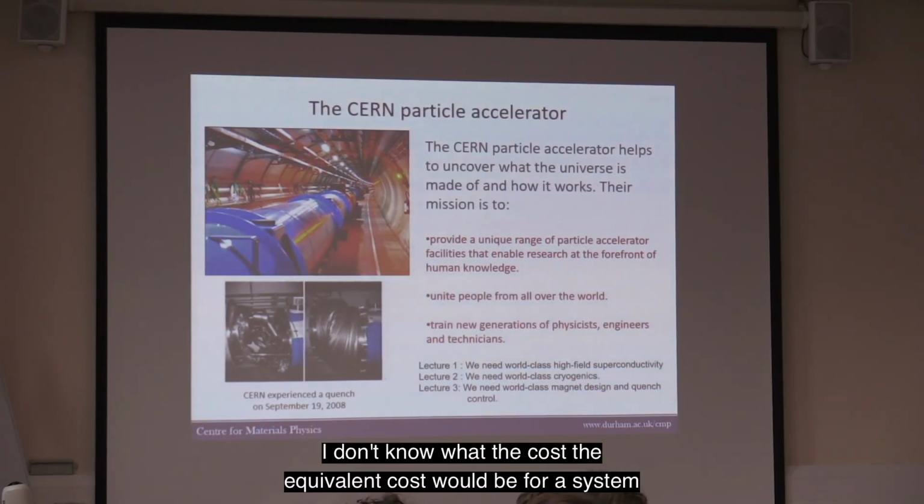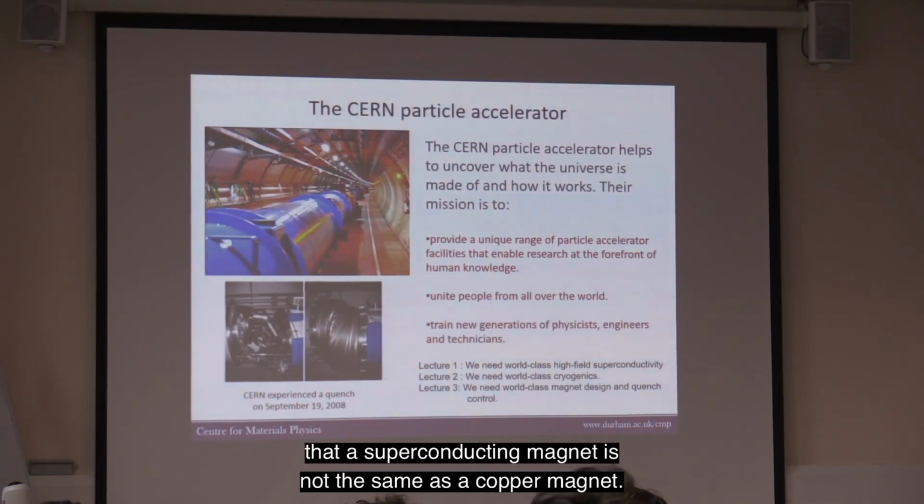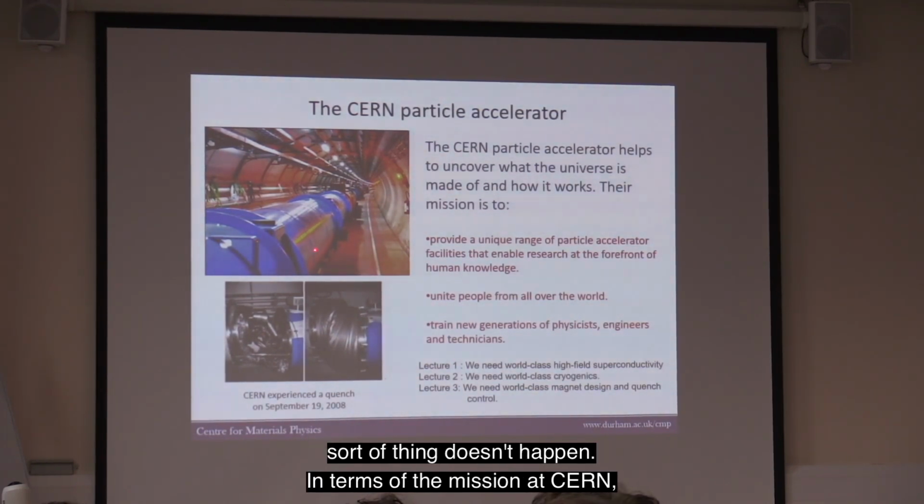I don't know what the equivalent cost would be for a system like this being down for a year. But this is about understanding that a superconducting magnet is not the same as a copper magnet. That there are some properties specific to superconductivity that you need to understand in order to make sure that this sort of thing doesn't happen.